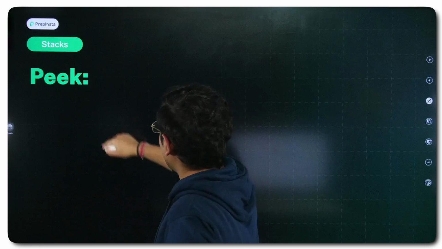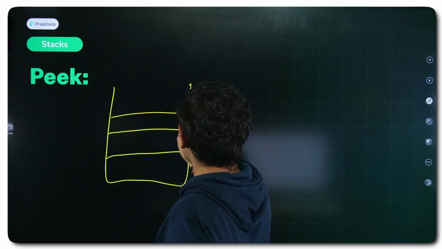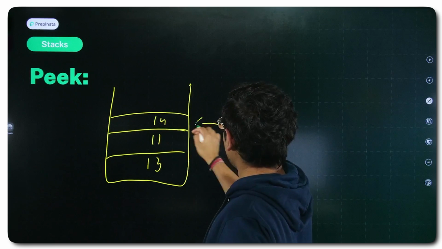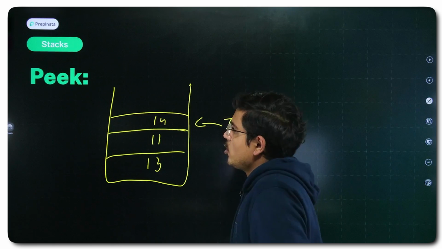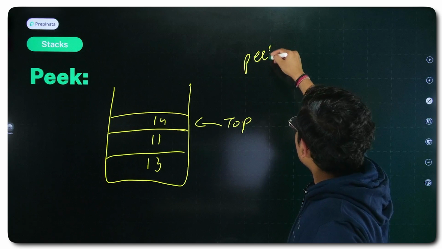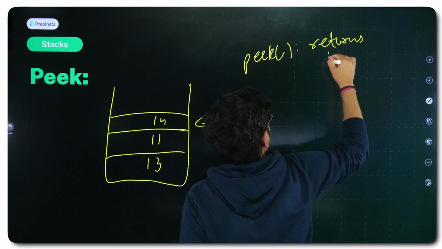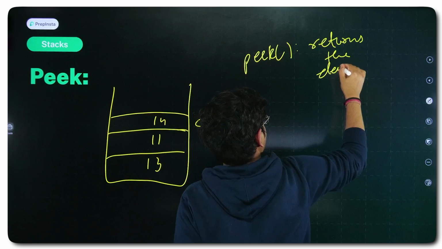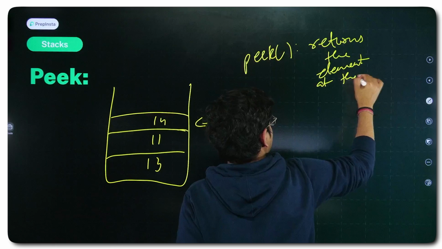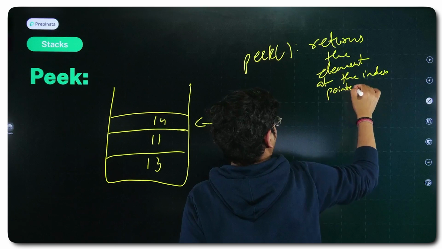So peek is nothing. Say that you have a stack where you have these 3 elements: 13, 11, 14. Now top is pointing out here. So what will peek do? When I do peek, peek returns the element at the index pointed by top.